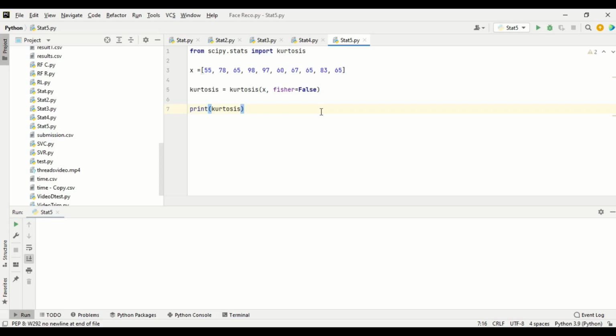If we use Fisher equal to true, then we use the Fisher definition. As we use Pearson definition, the value should be 3. Means if we get 3 as a value, then it is a normal distribution. If it is less than 3, our kurtosis will automatically become negative kurtosis. If it is greater than 3, it is positive kurtosis.